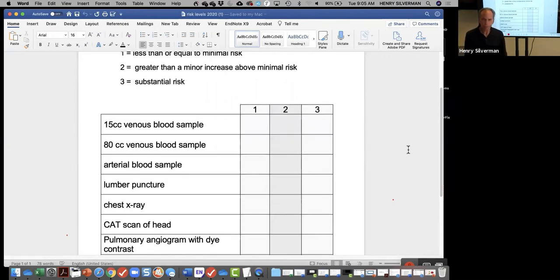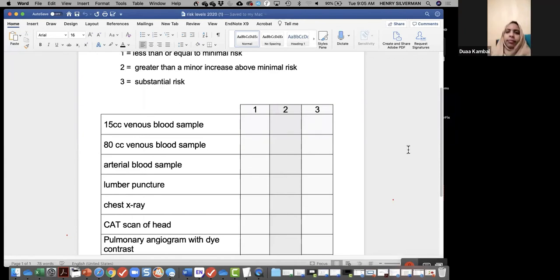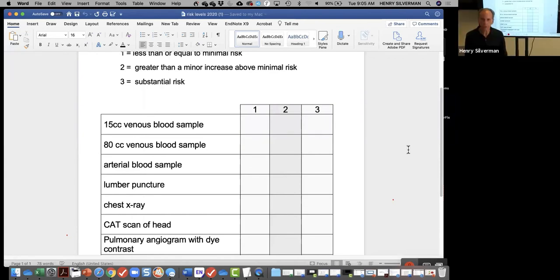Today I want to talk about waiver of consent. When could we waive the consent? One of the criteria for waiving the consent is that the research needs to be no more than minimal risk.